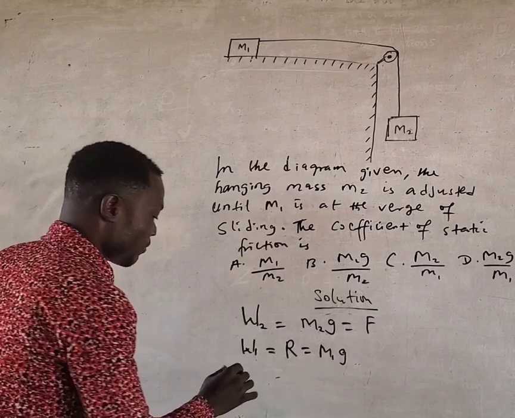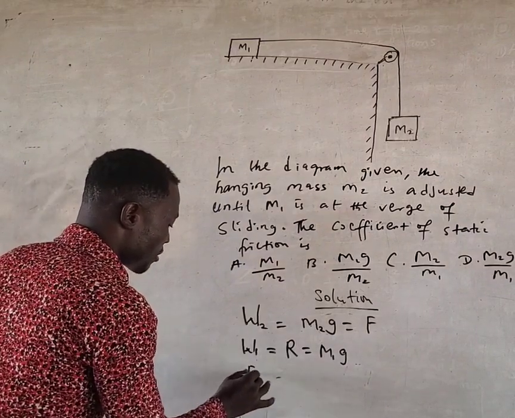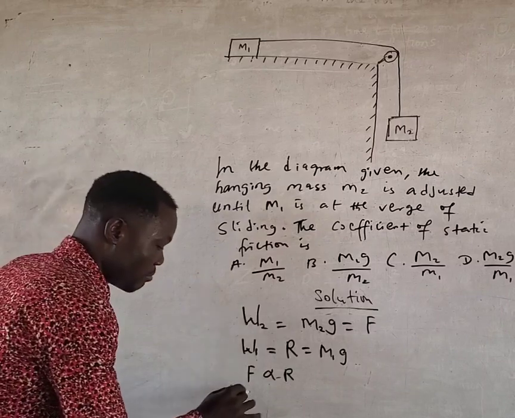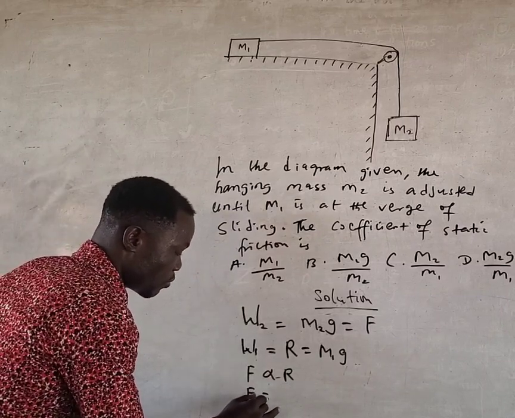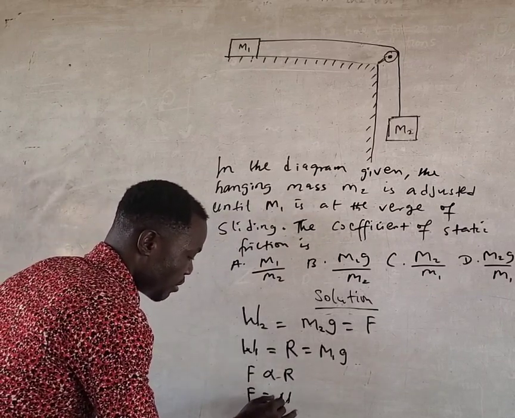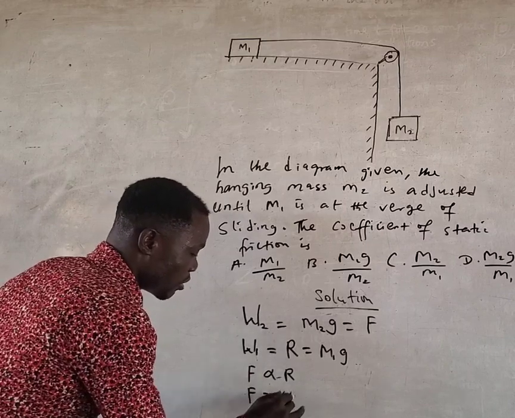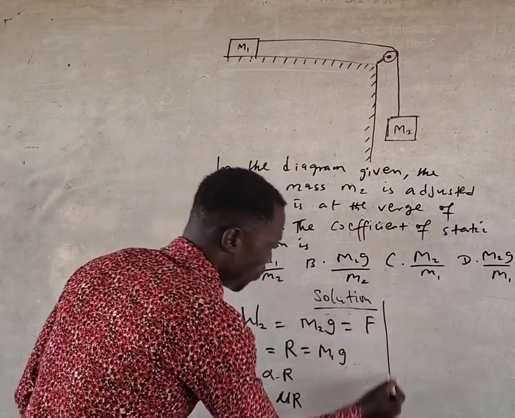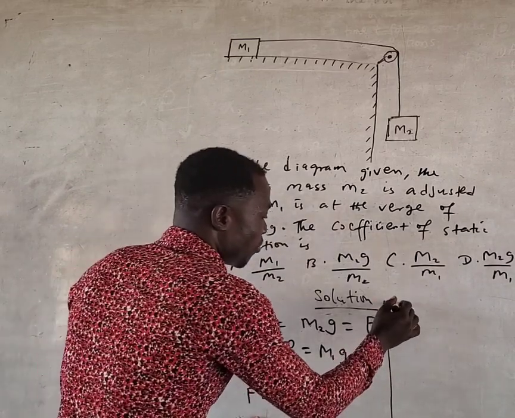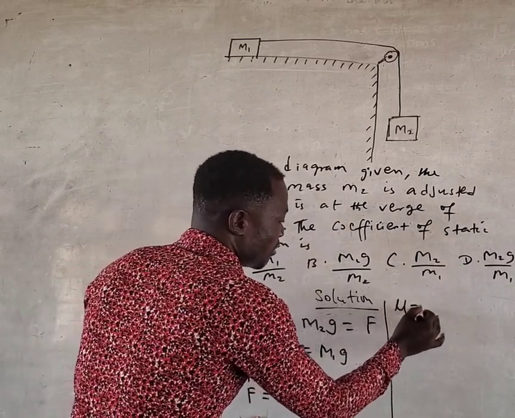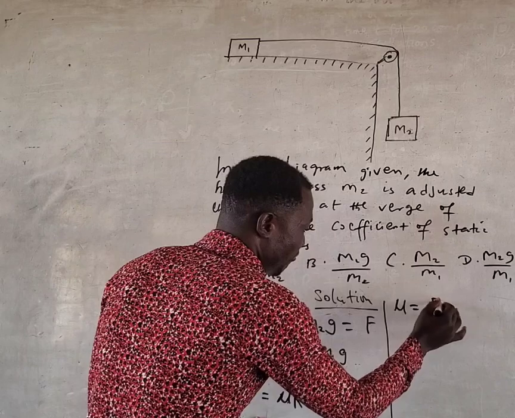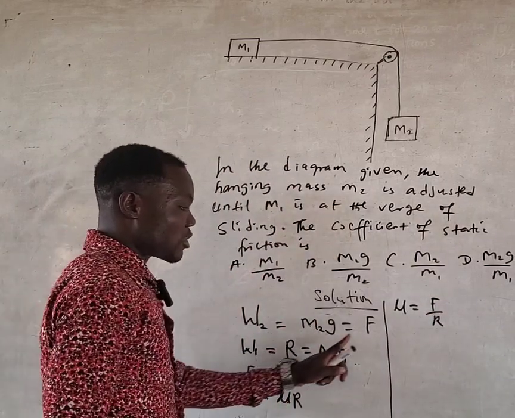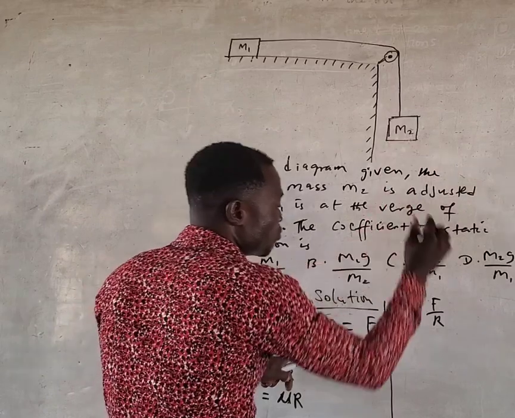Remember that the frictional force is directly proportional to what? Normal reaction. That means F is equal to, when you remove this proportionality, you introduce a constant, which is the coefficient of friction. So we have that our coefficient of friction is equal to F over R, where our F, the frictional force, is equal to the weight of M2.